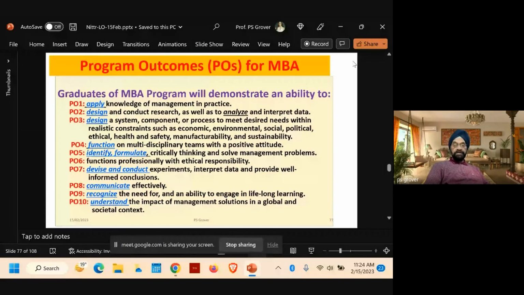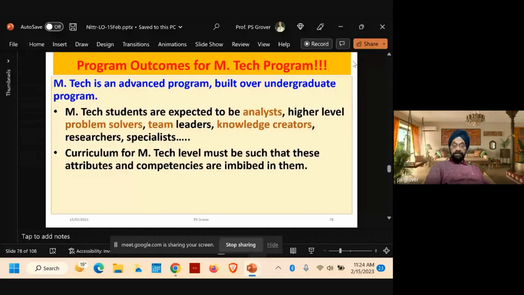Similarly, we can design program outcomes for the MBA program. Now I'm saying these are the intended learning outcomes of a program. When I have an MBA program, I can design these things. I can design these things for the MTech program. See, the MTech program is an advanced program built over the undergraduate program.